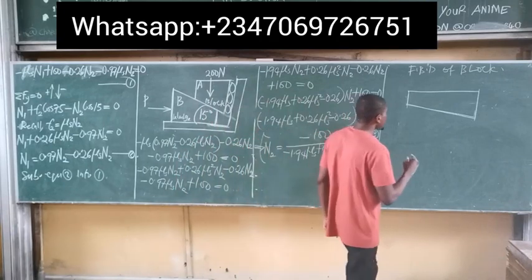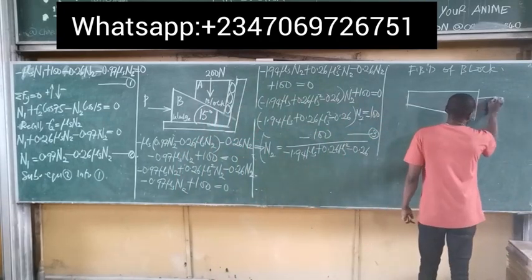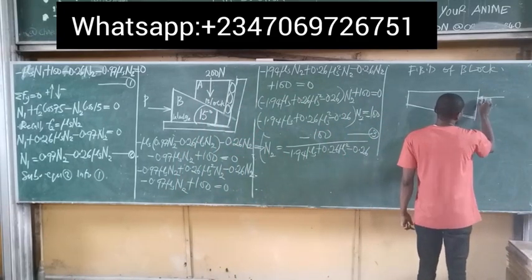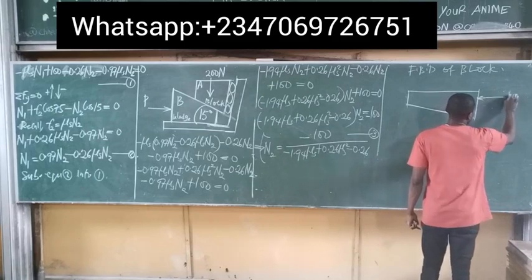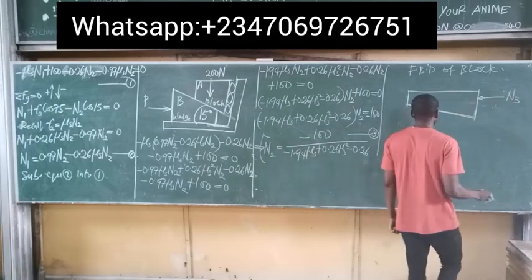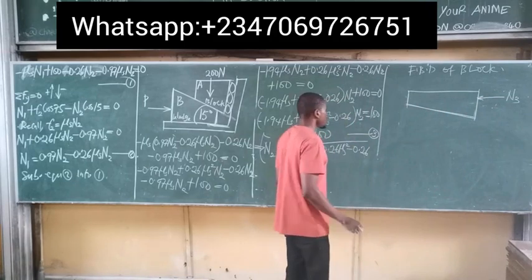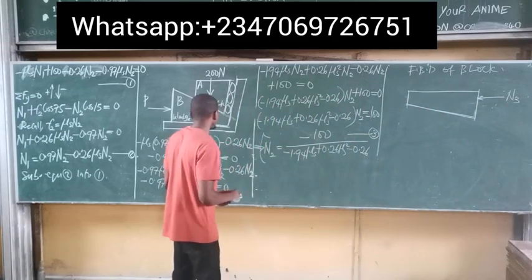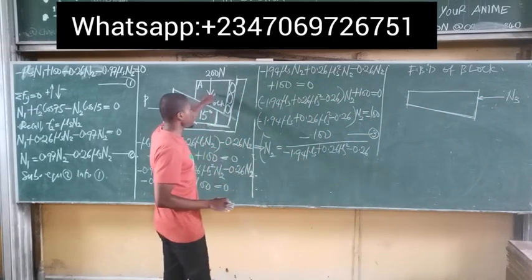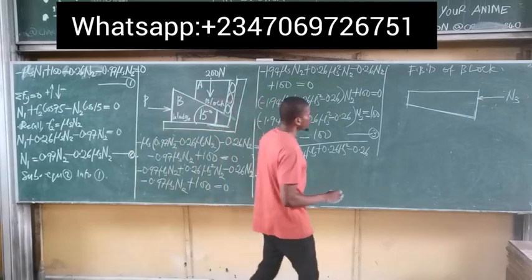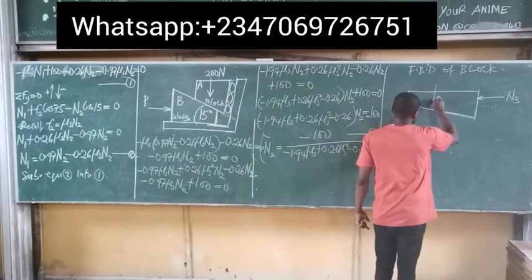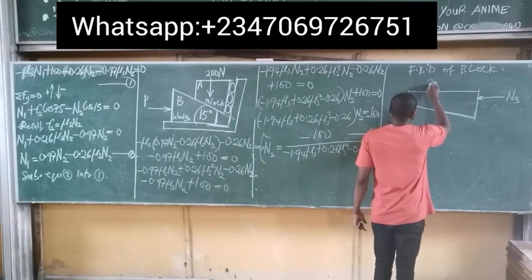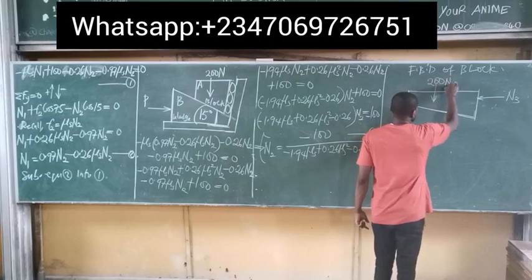So we have a normal reaction here. Since we already have N1 and N2, call that reaction N3. Also, the block has a weight of 200 newtons vertically downwards.